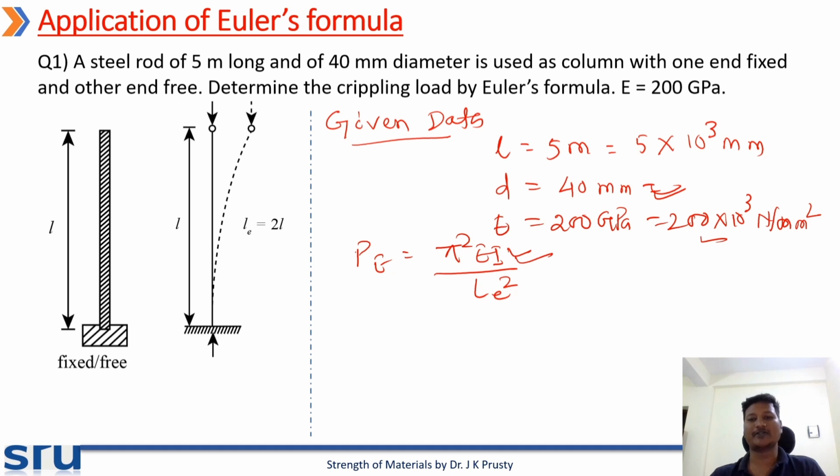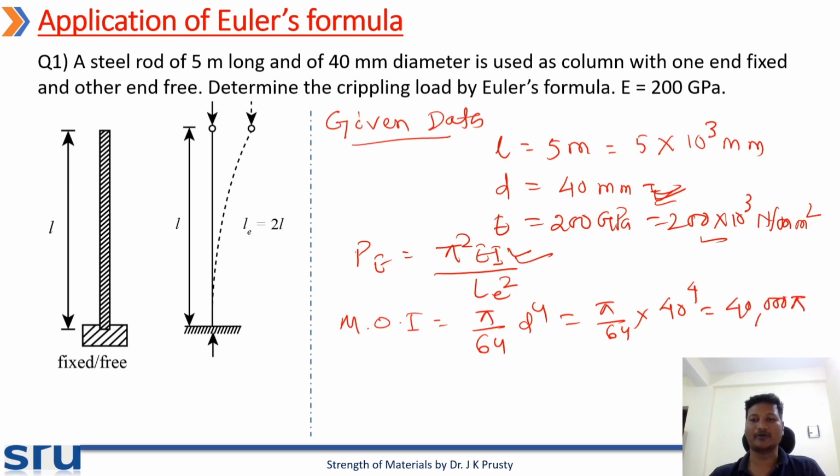For a circular section, you know the formula is pi by 64 into d to the power 4, which is pi by 64 into 40 to the power 4. When you calculate this, you get 40,000 pi mm to the power 4.